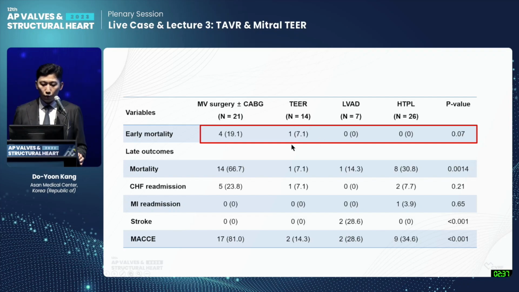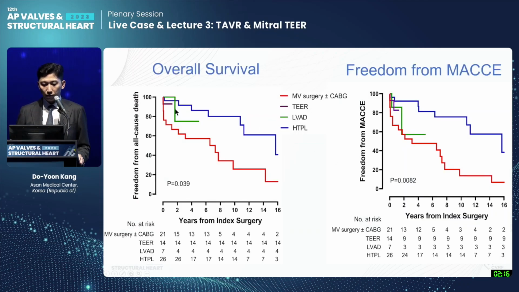The TEER group showed one mortality, as I presented, the acute MR patient, and LVAD and heart transplantation patients did not show early mortality. In late outcomes, mortality was very high also in mitral valve surgery, and lower in TEER and also in LVAD patients.